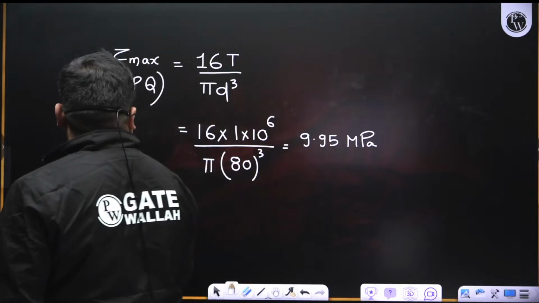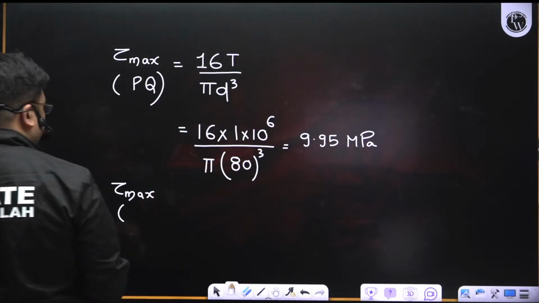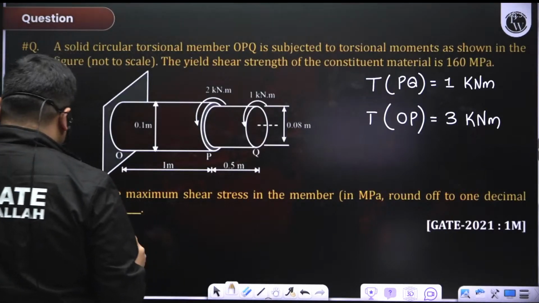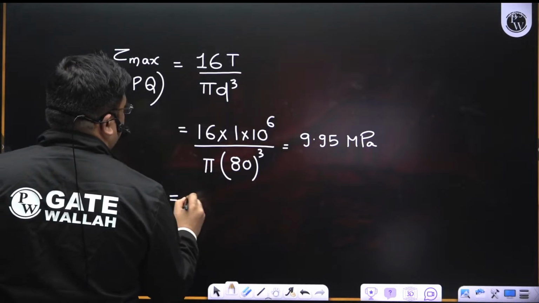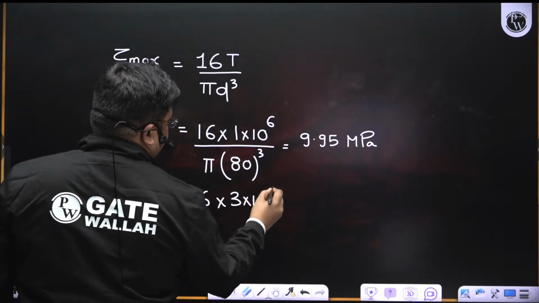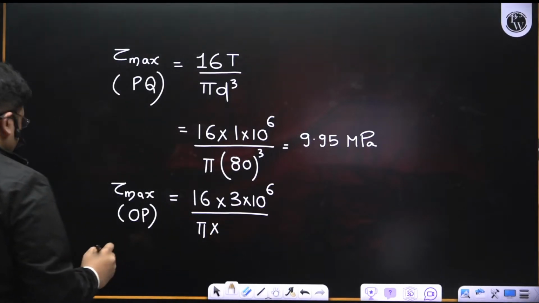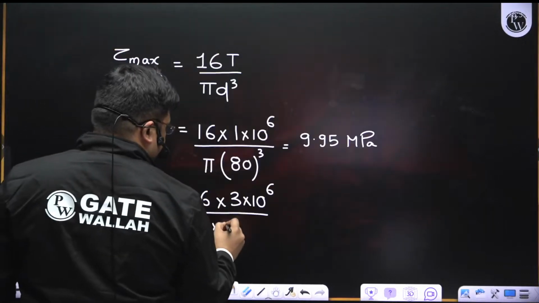Now if I want to find the maximum shear stress in the portion OP, it will be the same: 16 into T, and by pi into the diameter, which in this portion is 0.1 meter, meaning 100 mm.